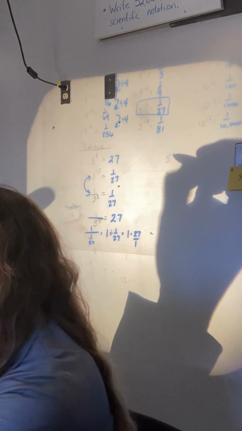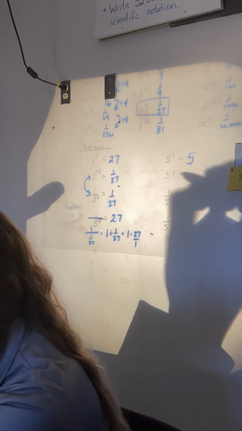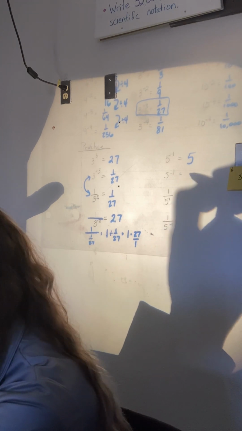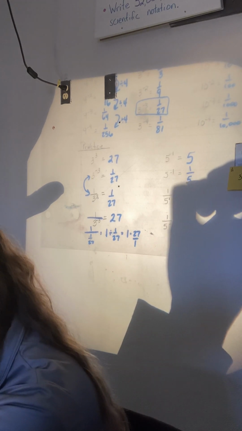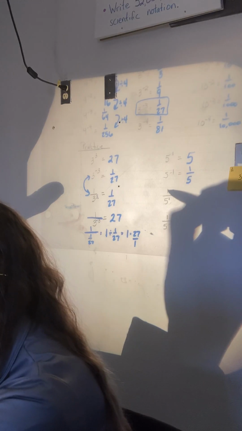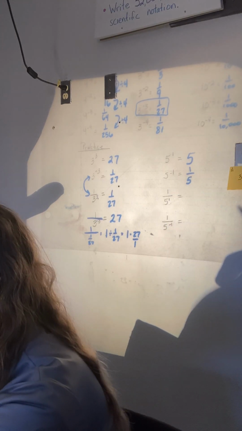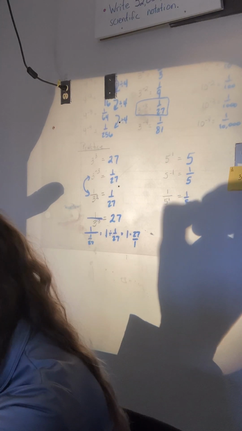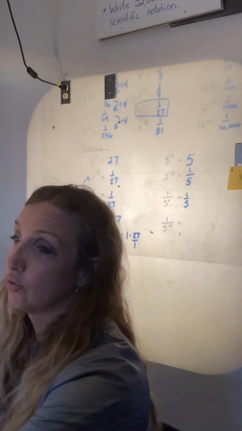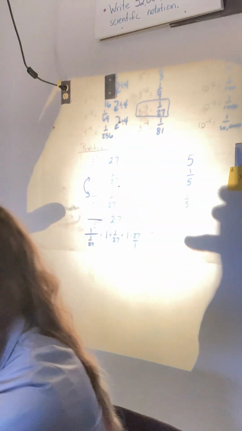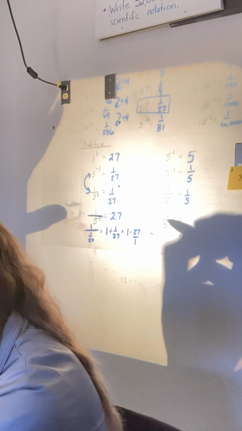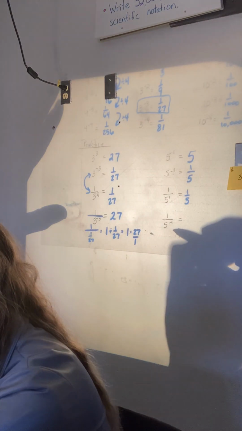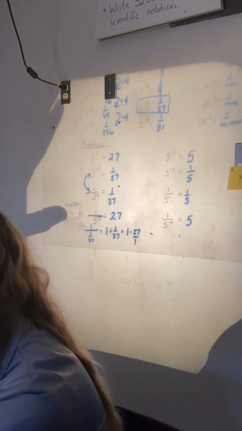Let's look at another one. What is 5 to the first power? 5. What is 5 to the negative first power? 1 over 5. Very good. What is 1 over 5 to the first power going to be? 1 over 5. There are no weird negative exponents, no flipping needs to happen. Now we have 1 over 5 to the negative first. It's going to be 5.